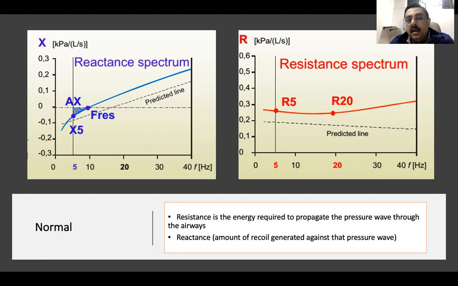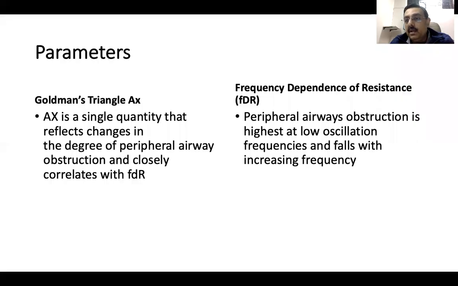Right. Now you also get other additional parameters. So there's something known as the Goldman's triangle, the AX values, which is thought to be one of the best values, which reflects changes in the degree of peripheral airflow obstruction and closely correlates with the frequency. And there's something known as frequency dependence.